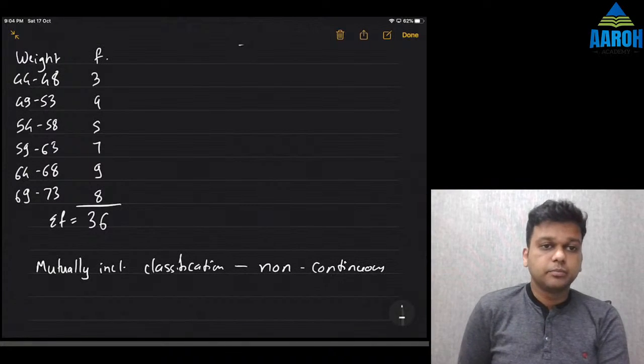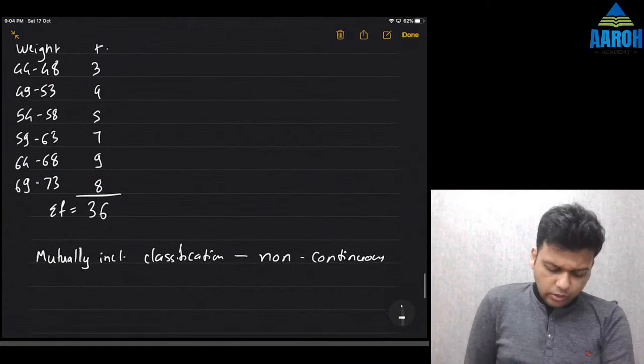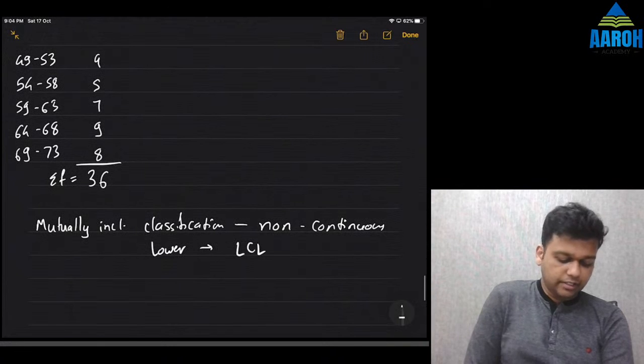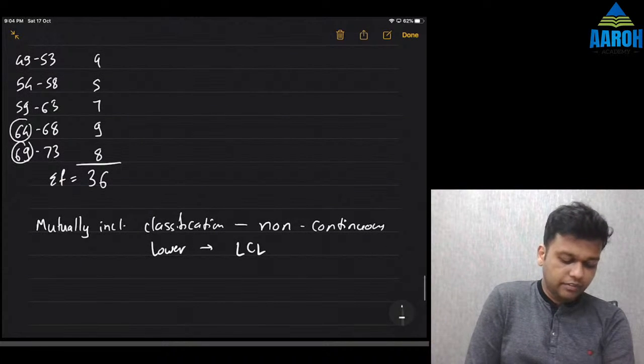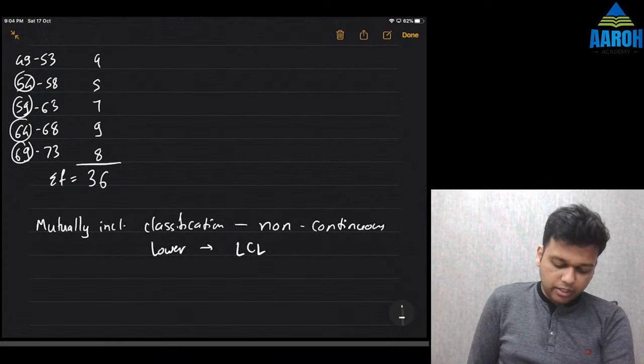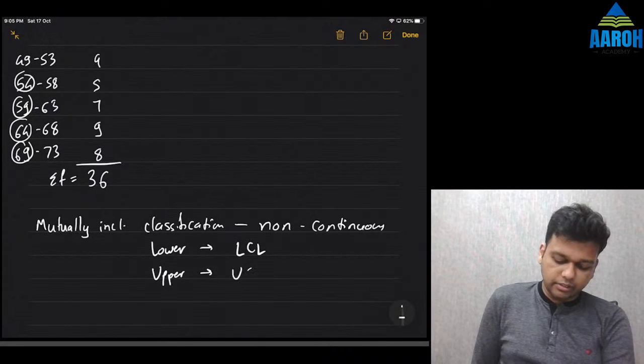In that, the lower value of each class is called the lower class limit. That is 64, 69, 59, 54. These are called lower class limits, and upper values are called upper class limits.